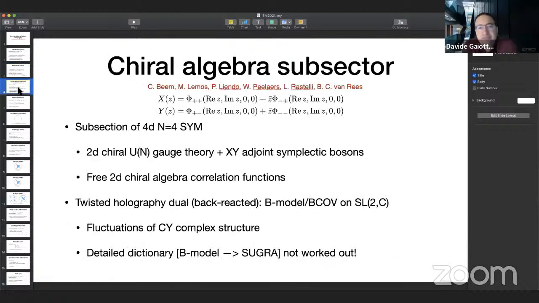Okay, so I'm going to focus for the rest of the talk on a certain subsector of N=4 super Yang-Mills called the Chiral Algebra subsector. This was introduced for the N=2 theories by these authors. So for any 4D N=2 theory, you can extract a chiral algebra whose correlation functions capture some of the correlation functions of the 4-dimensional superconformal theory.